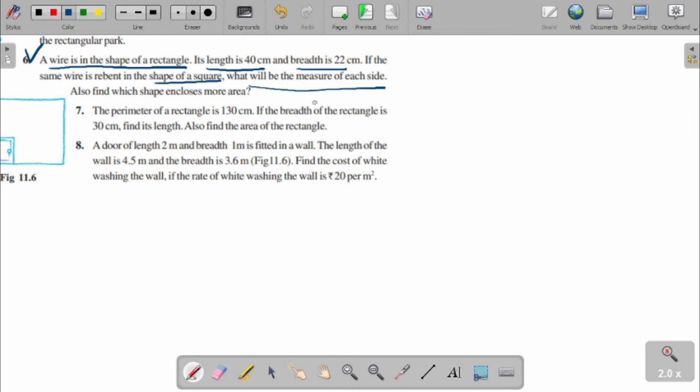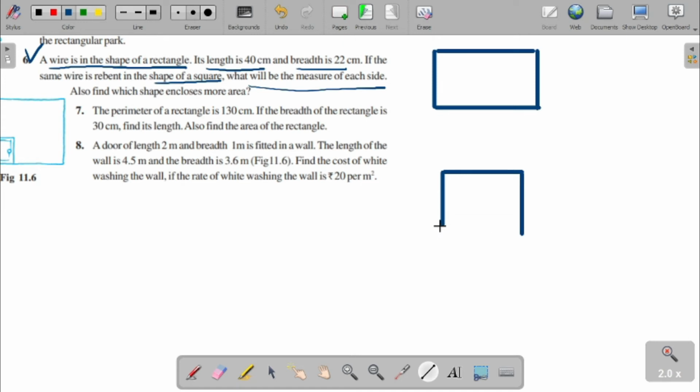So if a wire is used to make a rectangle, and with the same wire we construct a square, now what is the same in these two?